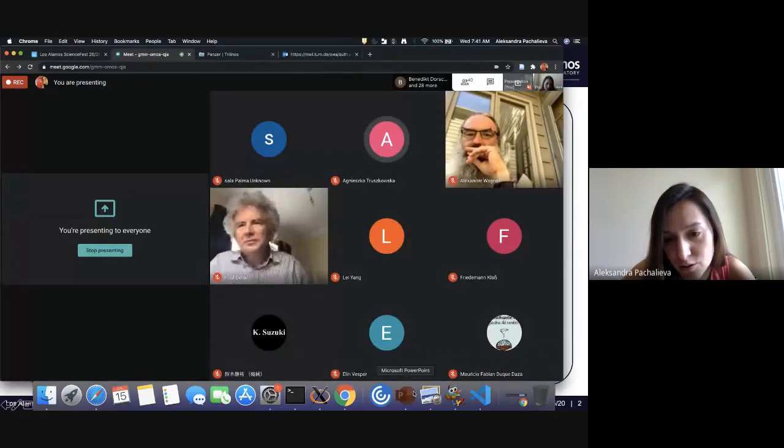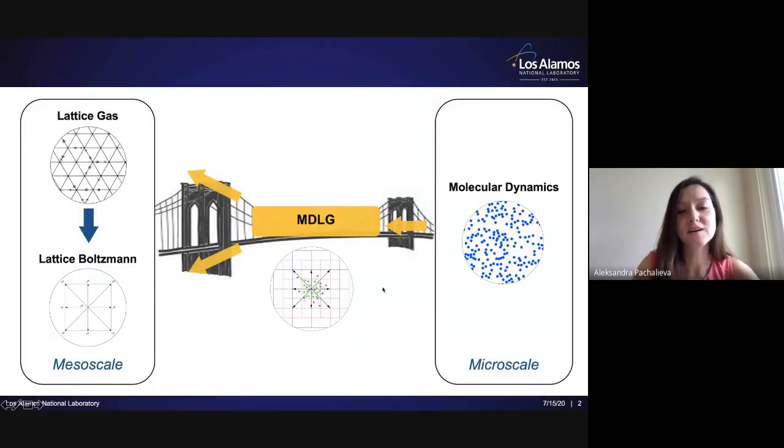Okay, perfect. So basically what we have, as you know, is a microscale, which is the molecular dynamics simulations, and they're very expensive. We also have mesoscale simulations like lattice gas, lattice Boltzmann, and many others. What we want to do is build a bridge between the molecular dynamics, the microscale, and the mesoscale, like lattice gases and lattice Boltzmann.